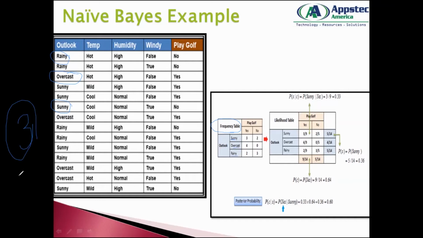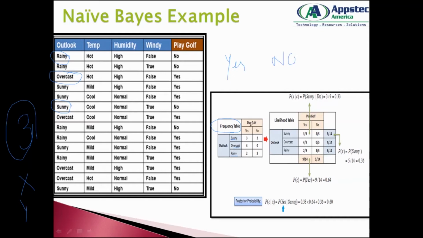If I had had XYZ categories, I would have added them here, right? Now I took my target column, which is my y, and I have two unique values in it: either yes, I play, or no, I do not play.